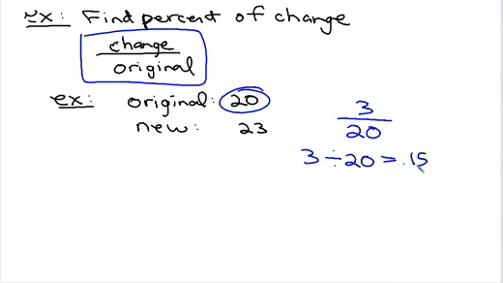When you get this decimal, move the decimal 2 places back to the right. That would be a 15%. And wouldn't this be an increase? Because they ask you to tell if it's an increase or decrease. So on all those percent of change problems, all you do is subtract these two numbers, put it there, and then divide it by the original number. Just trust the process. It works every time, all right?